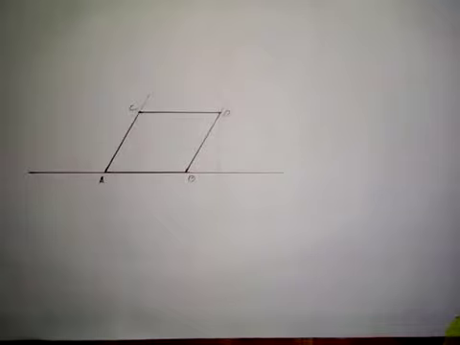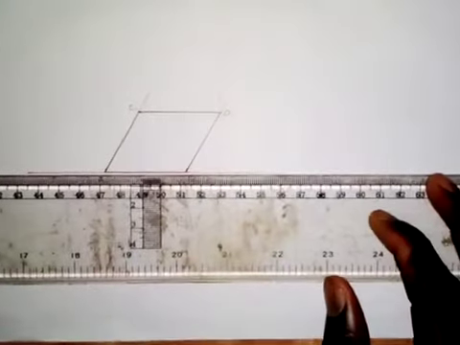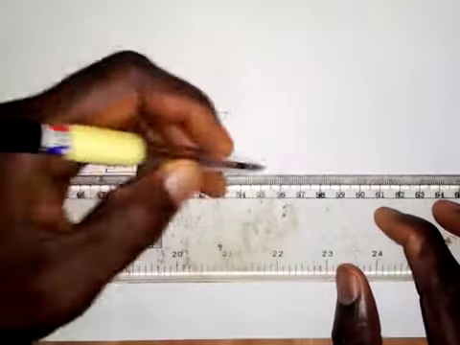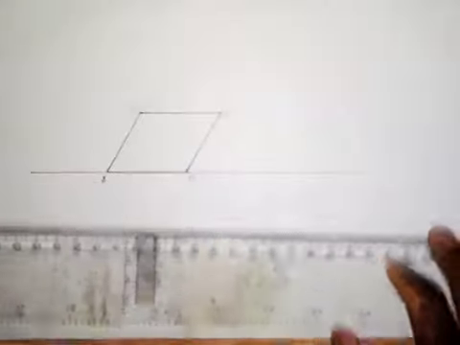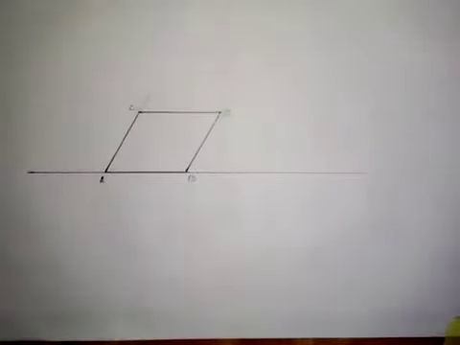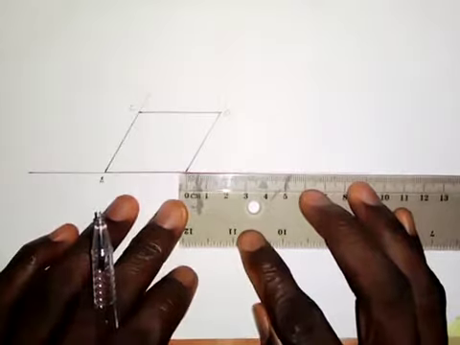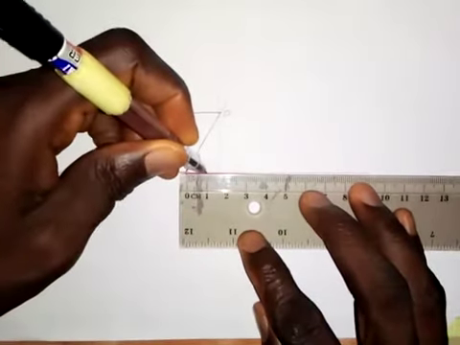Next, I want to enlarge this figure. I'm going to use this method, and I will also use another method to solve this particular problem. On this extended line, I'll make 6 points here.